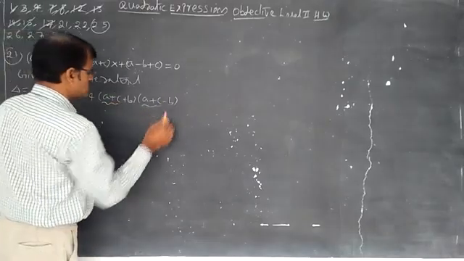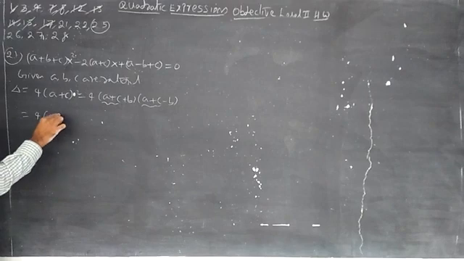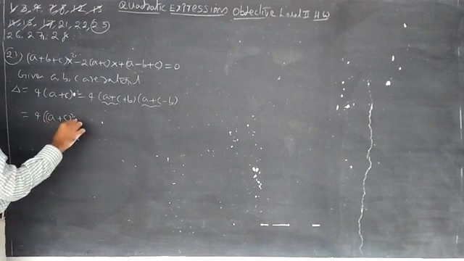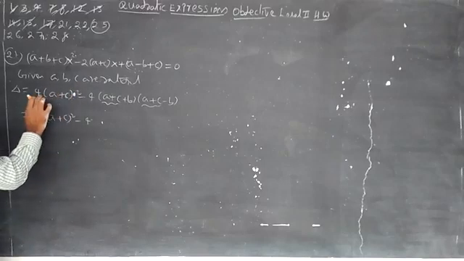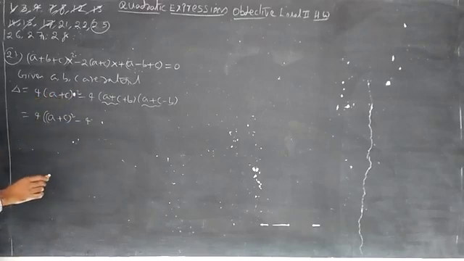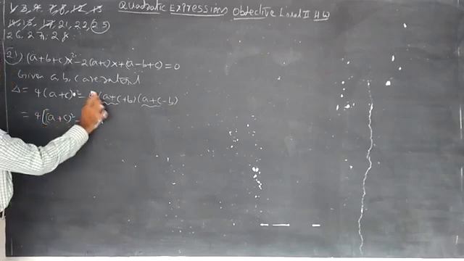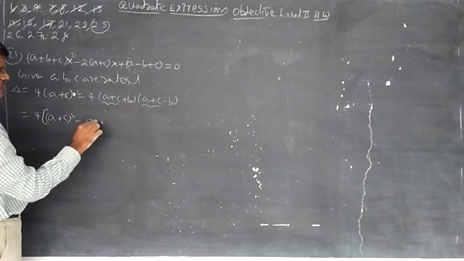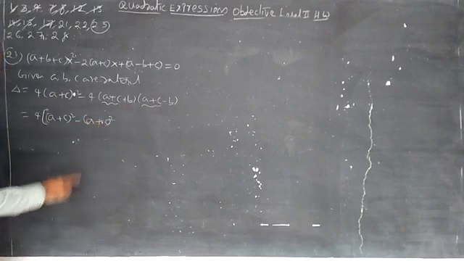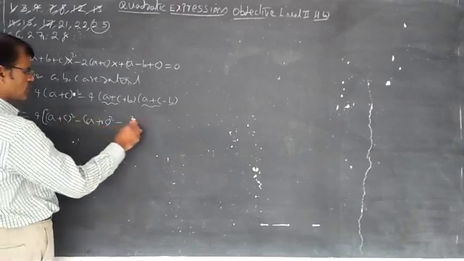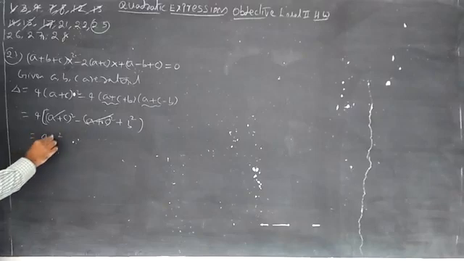You can write (a plus c) plus b into (a plus c) minus b, so that it is equal to 4(a plus c) whole square minus 4 into ((a plus c) whole square minus b square). Taking 4 common, that is equal to 4b square.